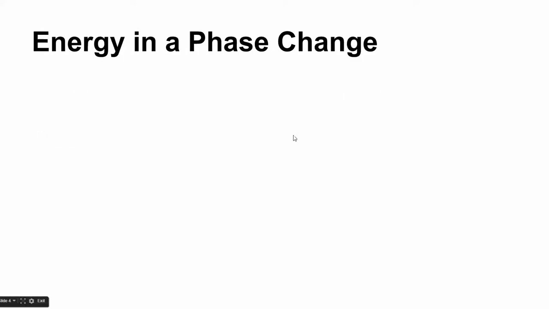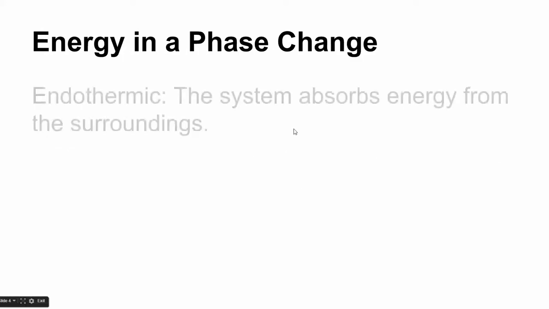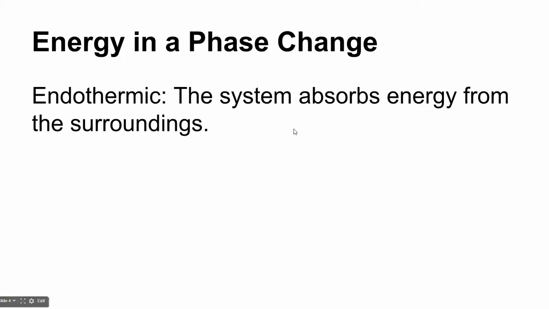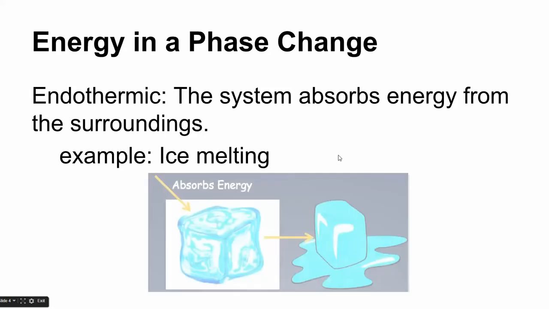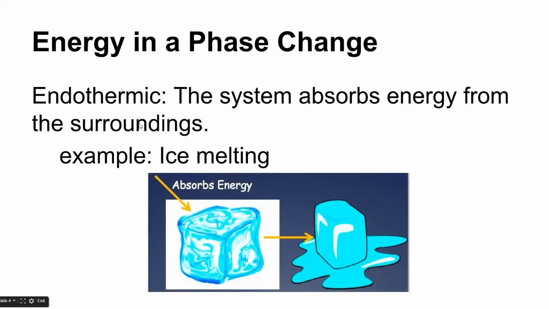All right, so energy in a phase change can be one of two things. It can be endothermic, which means that the system is absorbing energy from the surroundings. Let's say, for example, the system is an ice cube. If the ice cube is absorbing energy from the surroundings, then energy is going into the ice.